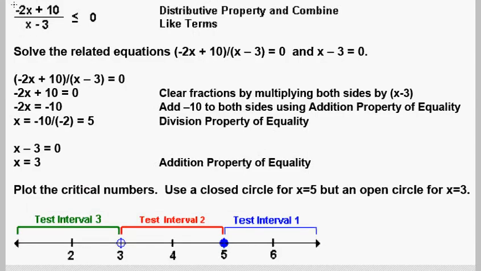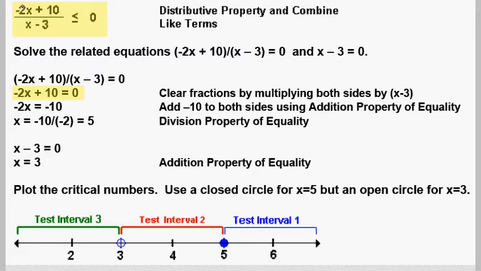Okay, now we find the critical numbers of our rational inequality that's in the correct form. To find critical numbers of a rational inequality, you let the rational expression equal 0. Well, this ends up giving us solutions where the numerator equals 0.